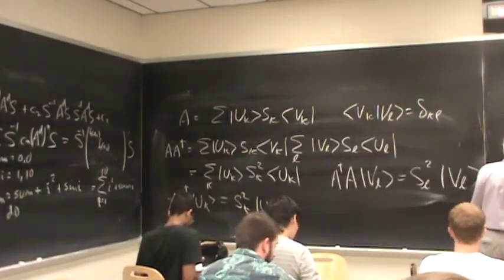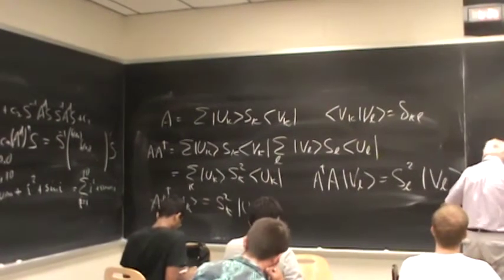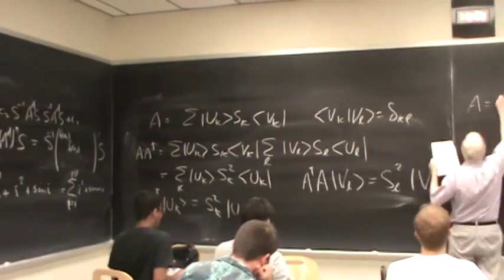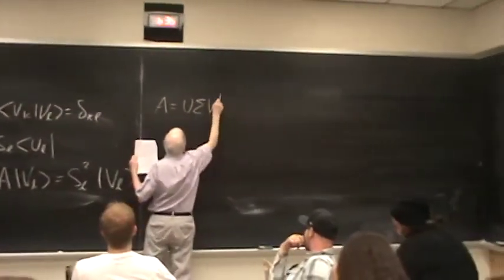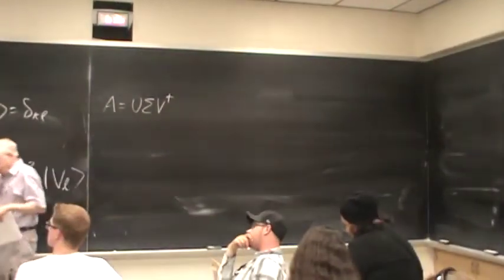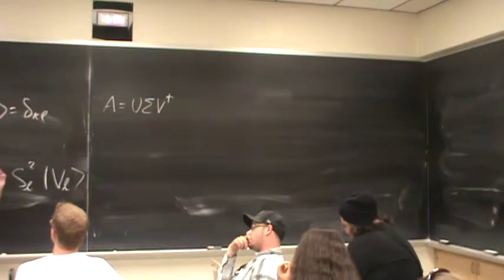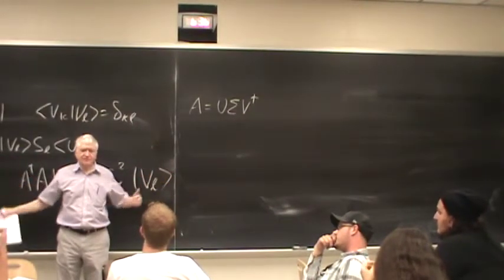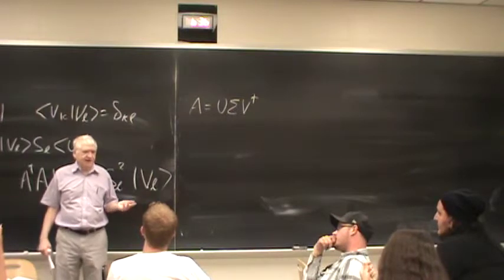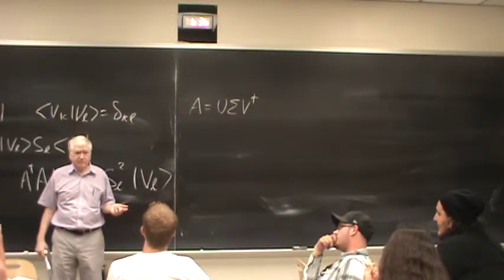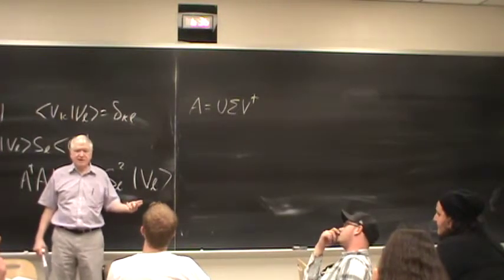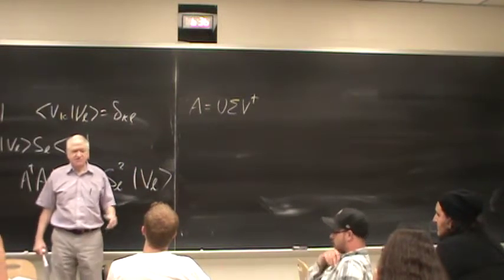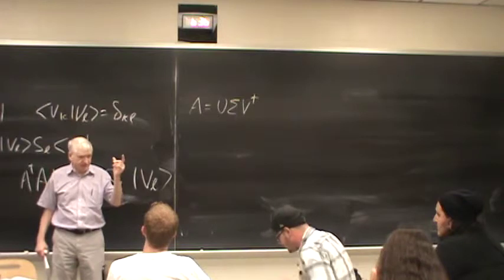Okay, so we start out, now that we know about the singular value decomposition. Since we've learned that the singular value decomposition is perfectly general, if you're doing anything in linear algebra, you could start with your matrix A, write it as a singular value decomposition, and then proceed, because you've now got it in the most useful form.